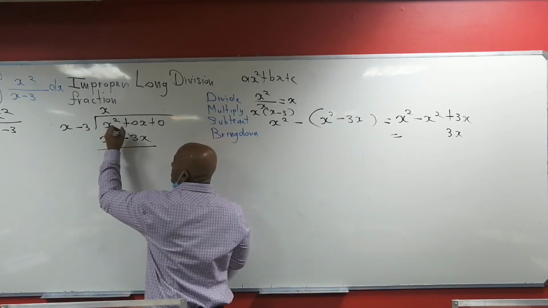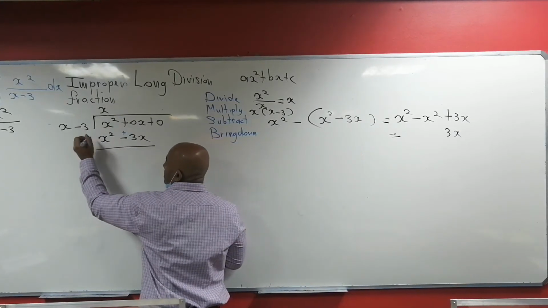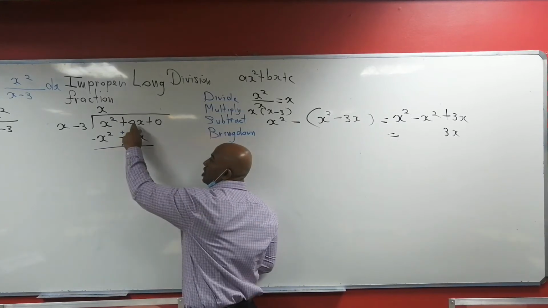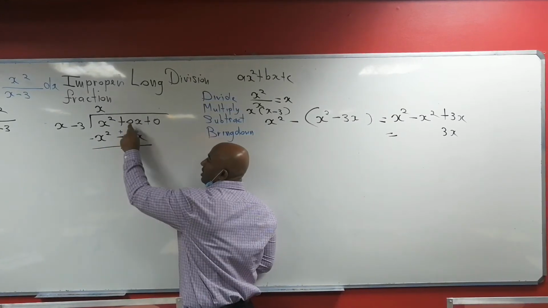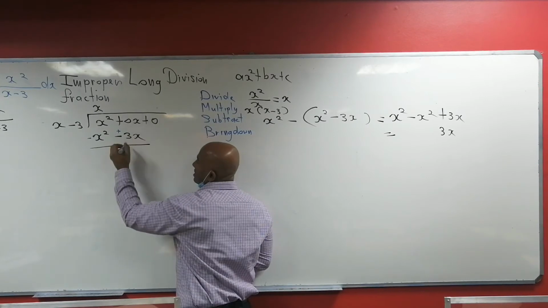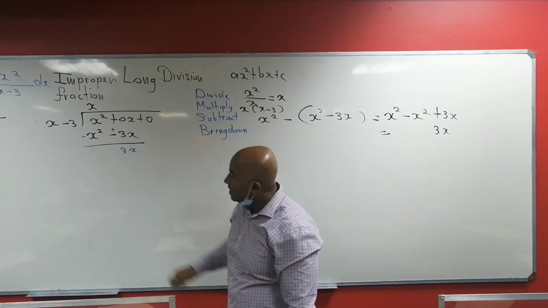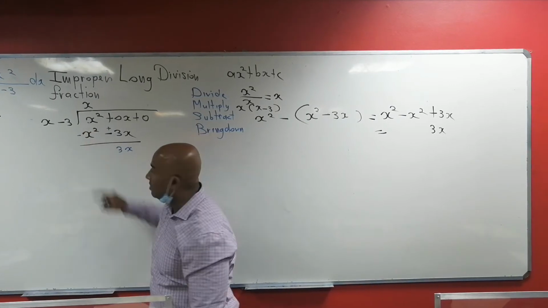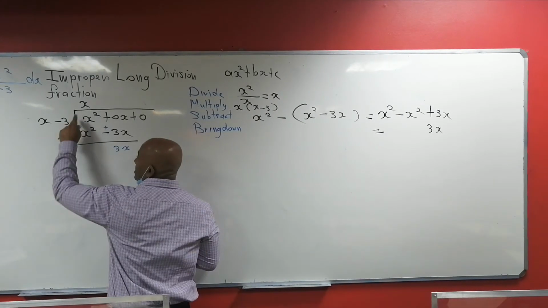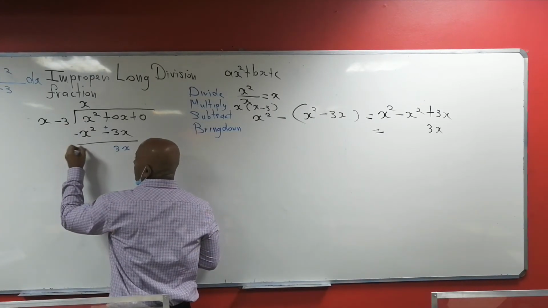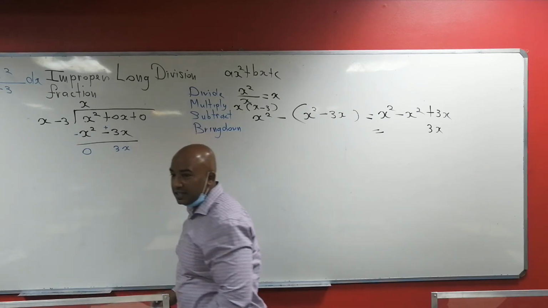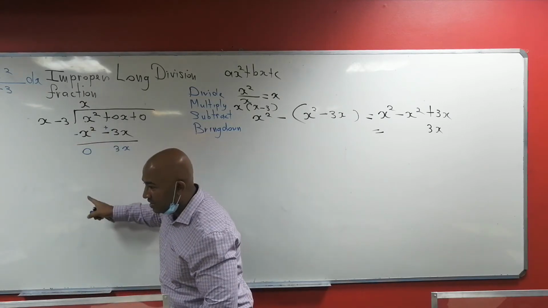So if this is a minus, make it a plus, and if this is a plus, make it a minus. So we're going top minus bottom. 0x plus 3x is just positive 3x. Then we're going top minus bottom. 1x squared minus 1x squared is going to be 0. You must always get a 0 when you are subtracting your first term.